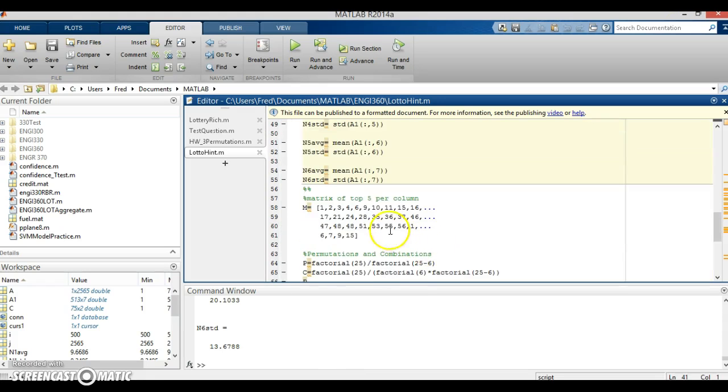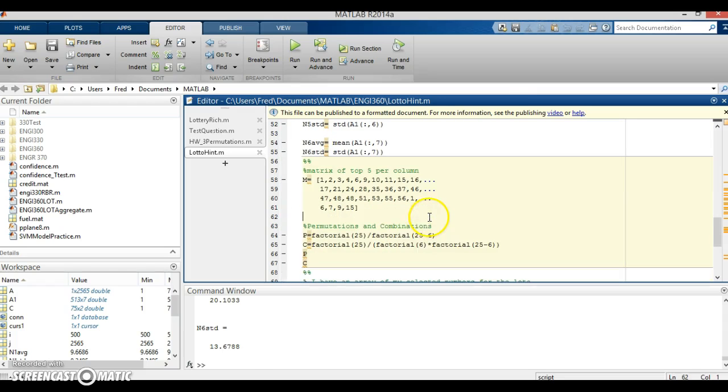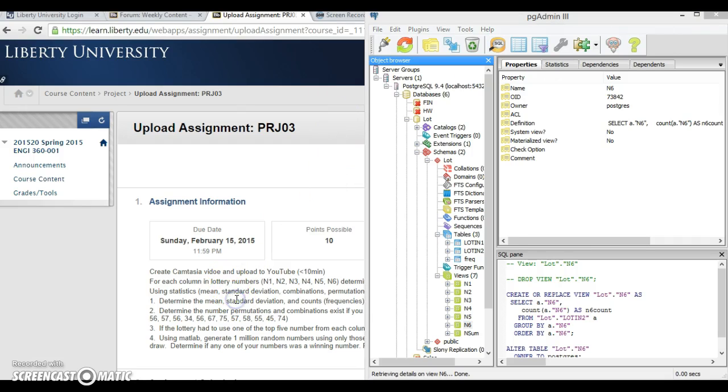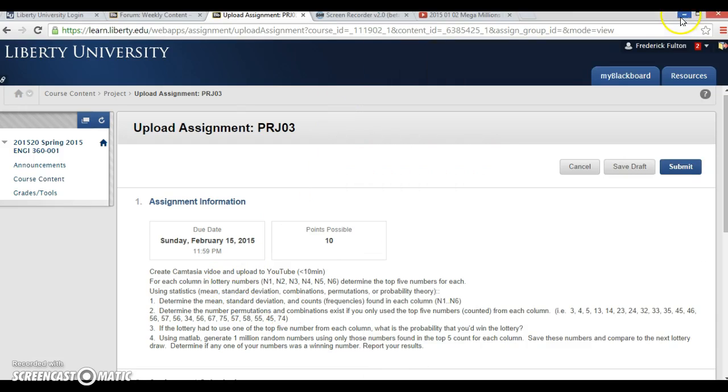So I've taken that data and put it into a matrix here, matrix M, and the next portion of the project asks us to determine the number of permutations and combinations that exist if you only use the top 5 numbers for each column.